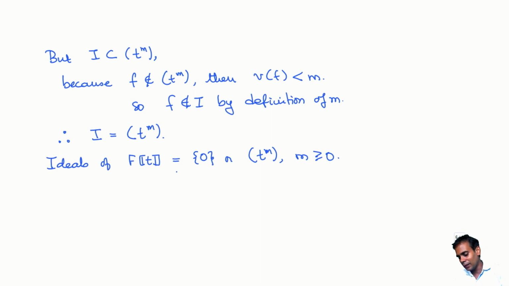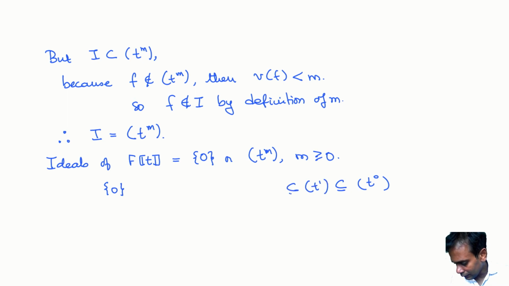And one interesting point about these ideals is that they form a chain. The smallest ideal is 0, and the largest ideal on the other hand is F[[t]] itself, which is t to the 0, and this ideal contains the ideal t to the power 1, this contains the ideal t to the power 2, and so on, and they all contain the ideal 0.